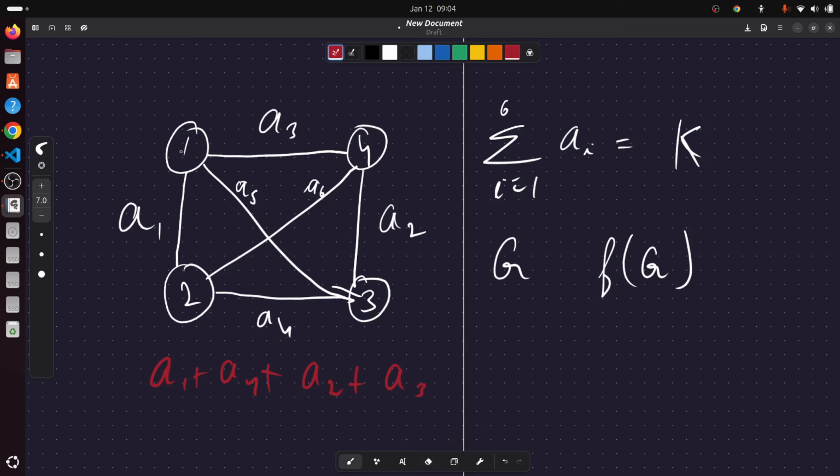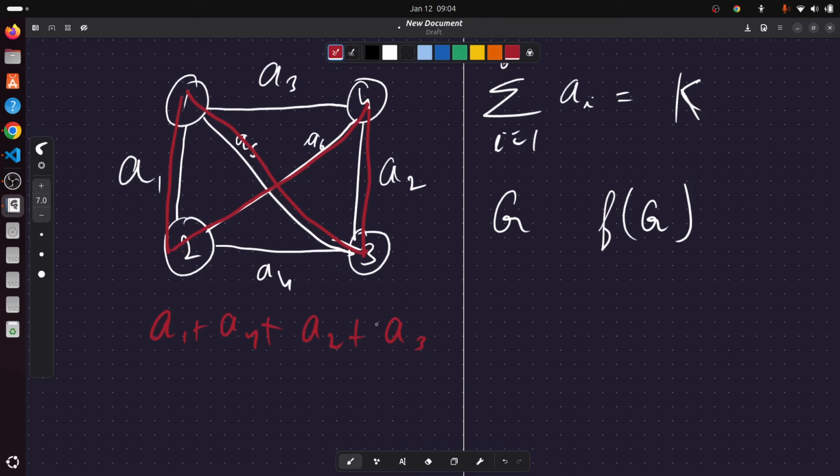Then it might be that we start from 1, then we go to 2. If we had gone to 3, then there's only one option, we cannot go back like this. We have to go here and then here, we cannot even go back like this, so this is already counted. So from 2, if we go like this, we can't go here, so we have to go down and then we go here, so this is also one cycle, right?